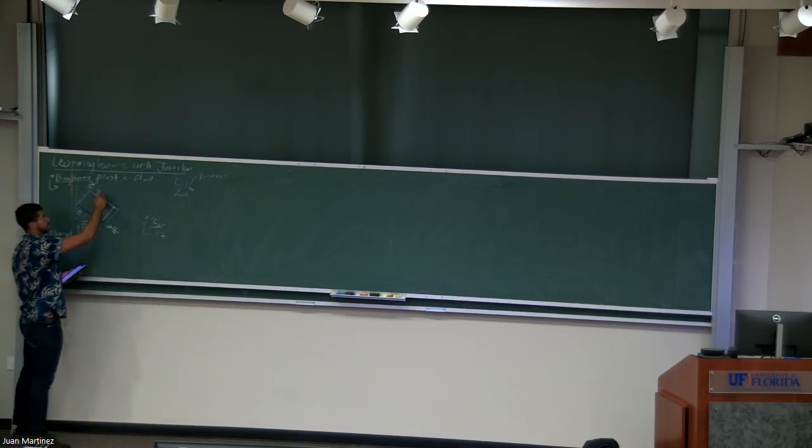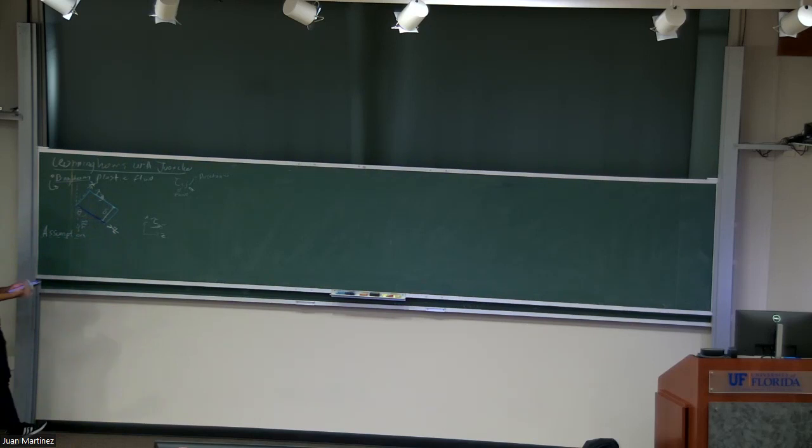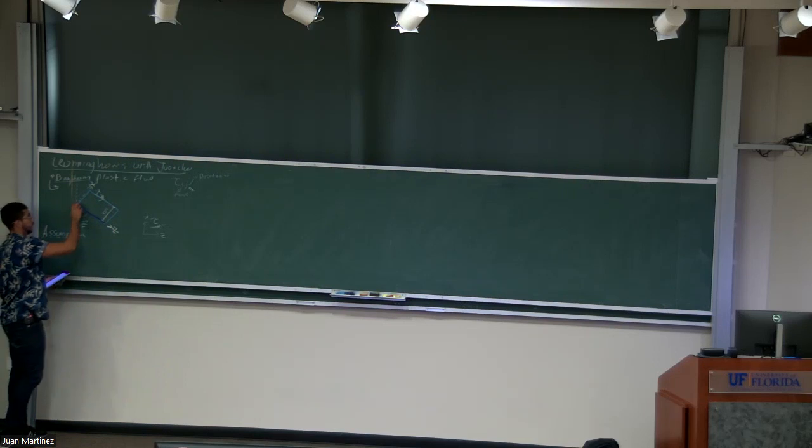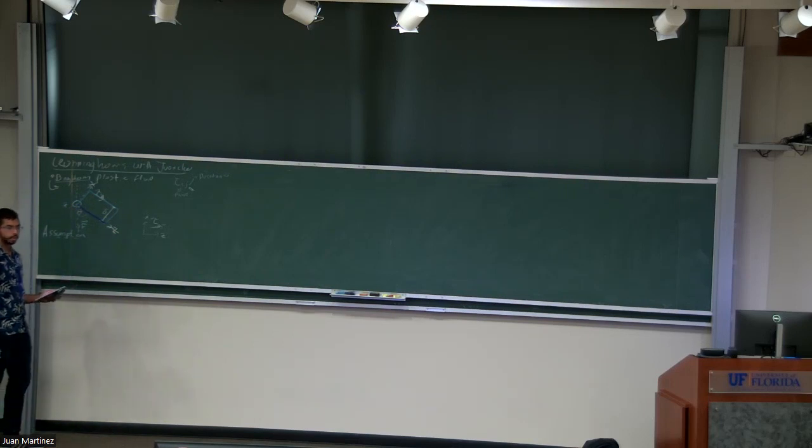So we have z. But before that, we have a plane that is acting on. Let's say in this case it's going outside of the board. Is it the xy plane?